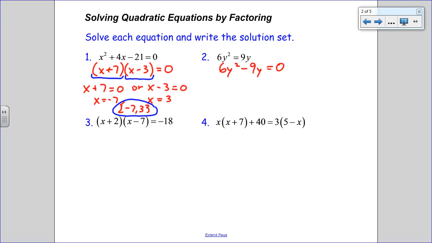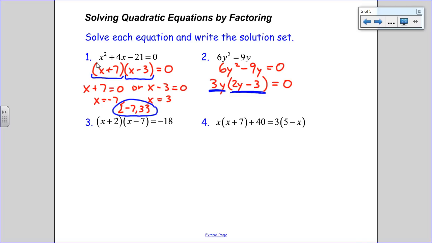We want to factor the binomial on the left-hand side. There's a greatest common factor of those 2 terms, which is 3y. Using the distributive rule, we can write 3y times the quantity 2y minus 3 equals 0. In this case, our factor A is 3y, and our factor B is 2y minus 3.